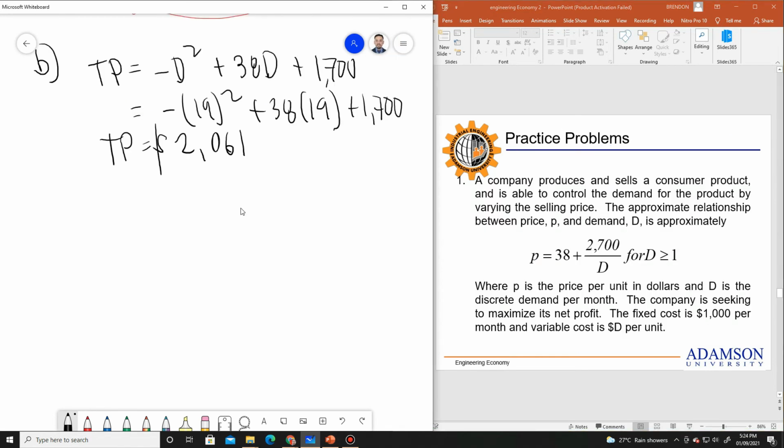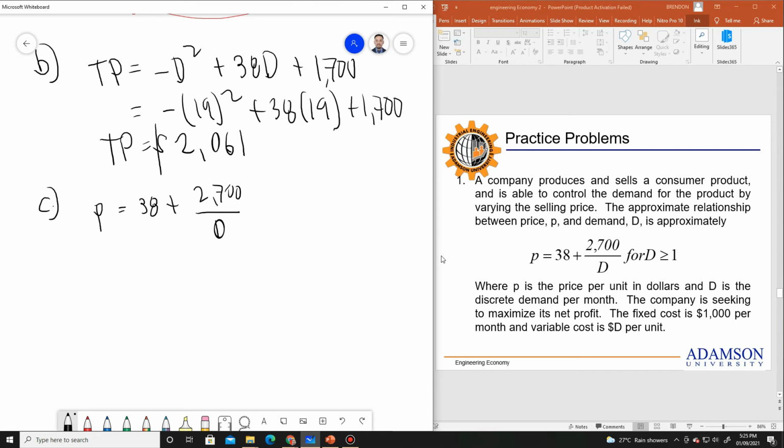Next, we'll compute for letter C. C requires us to compute P. So we will use P equals 38 plus 2,700 divided by D, where D is greater than or equal to 1.